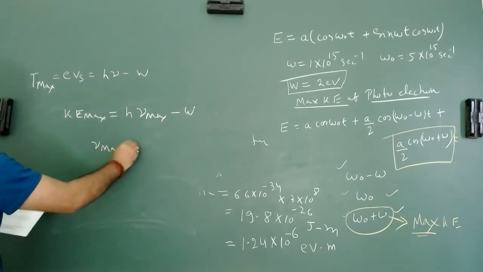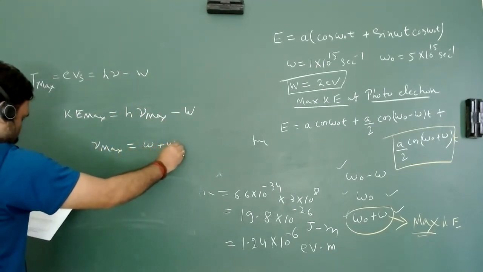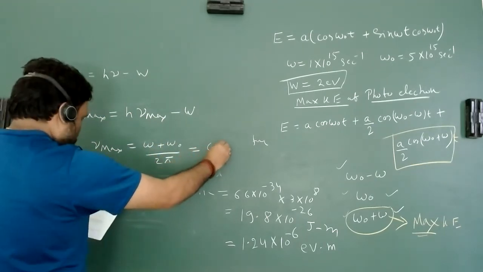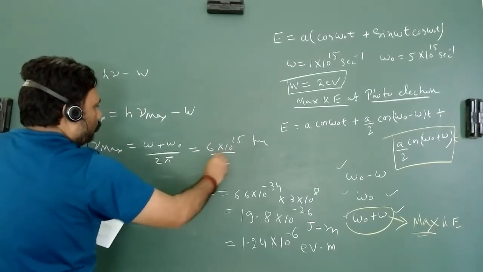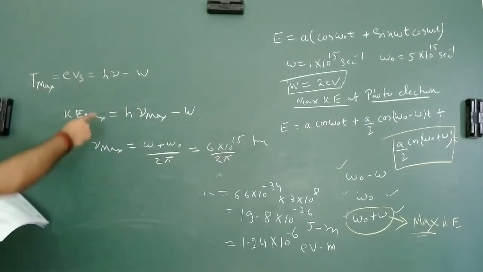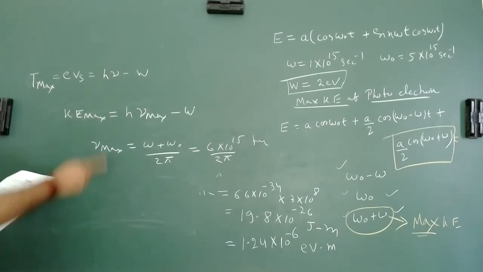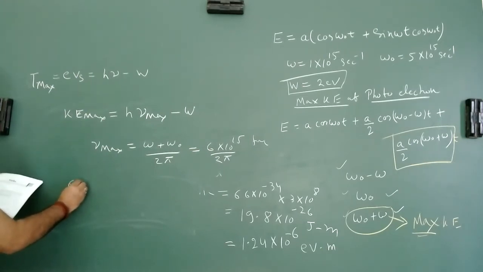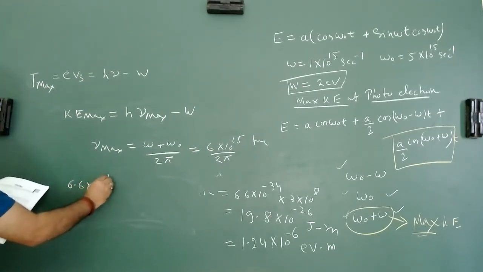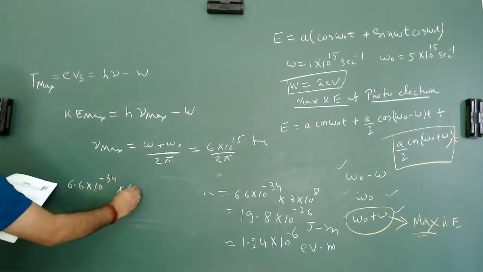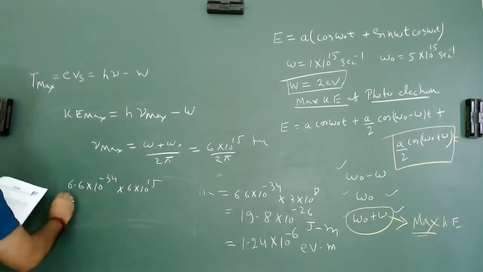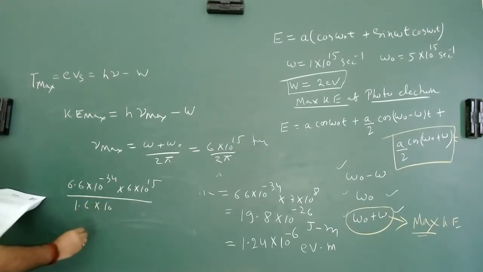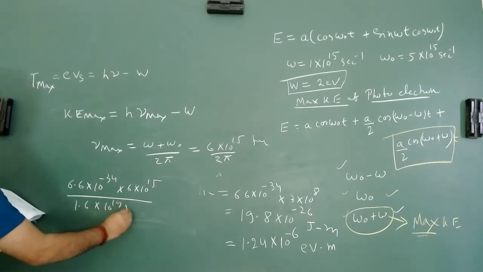The nu maximum is equal to (omega plus omega naught) by 2 pi, which will be 6 into 10 to the power 15 by 2 pi. Now we can put it in this equation: 6.6 into 10 to the power minus 34 into 6 into 10 to the power 15, upon 1.6 into 10 to the power minus 19 into 2 pi.